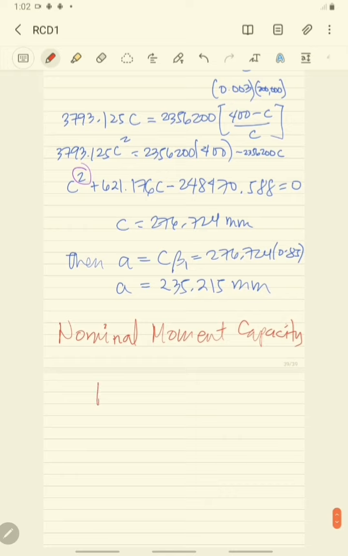So this will be Mn is equal to 0.85 fc' ab times (d minus a over 2).